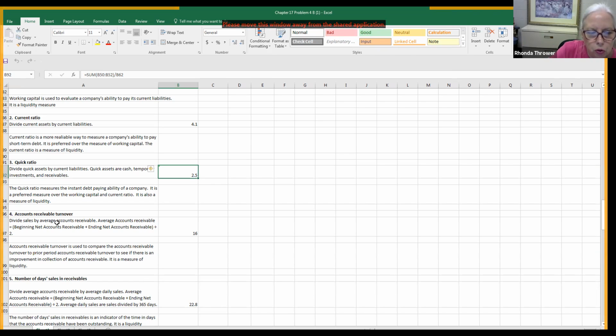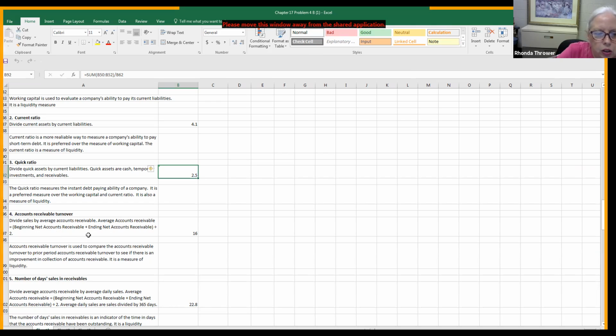So before you do the accounts receivable turnover, it's important to find the average accounts receivable amount. And to do that, we will take the beginning amount of the accounts receivable and add to it the ending accounts receivable, and then divide that total by 2.